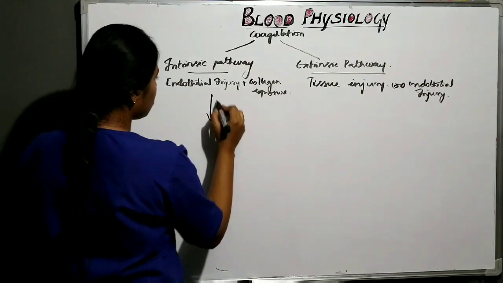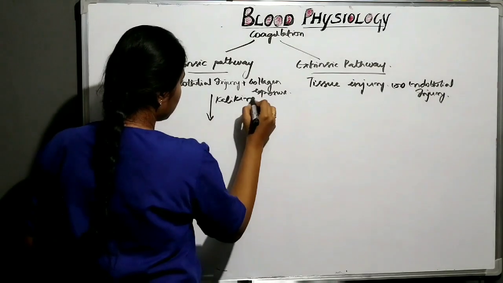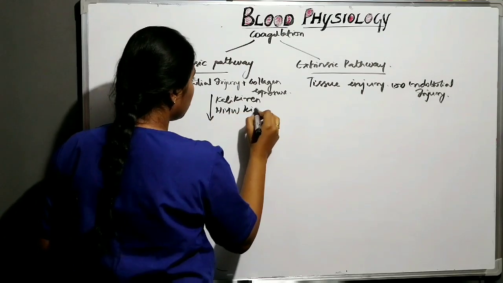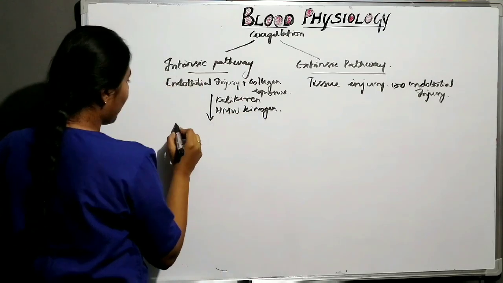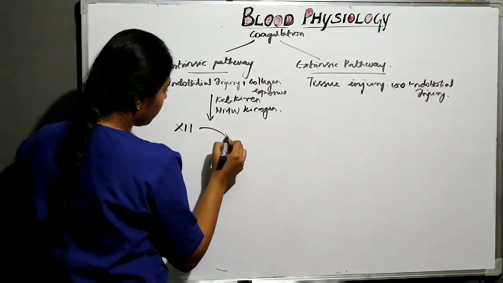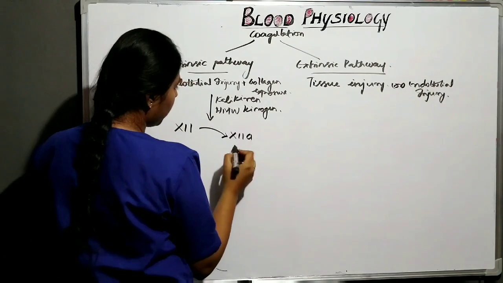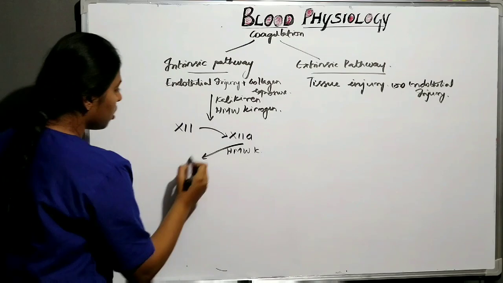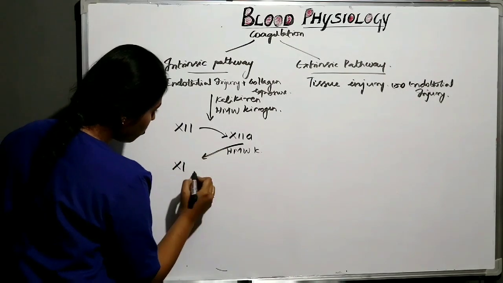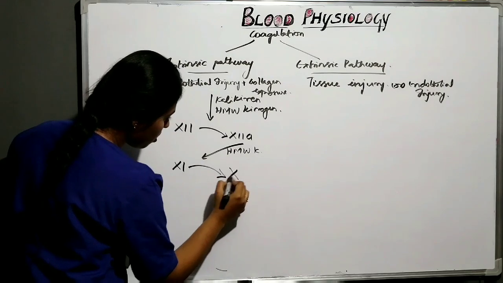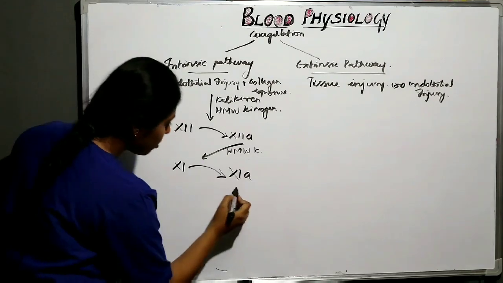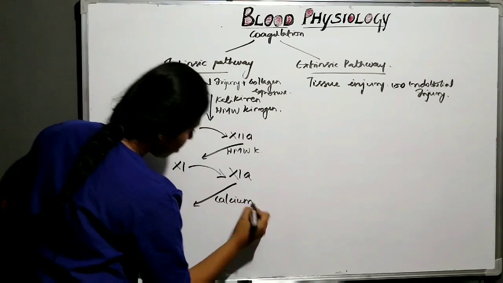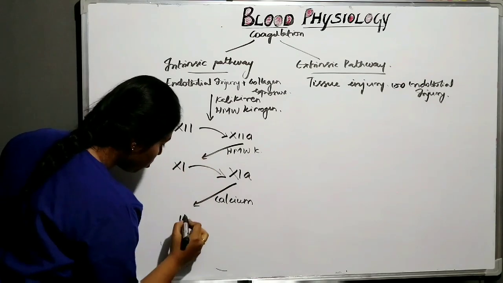In the presence of HMW, that is high molecular weight kininogen, factor 12 is converted into factor 12A. Then in the presence of high molecular weight kininogen, 12A is converted into 11A. Then in the presence of calcium, factor 11 is further converted into 9.